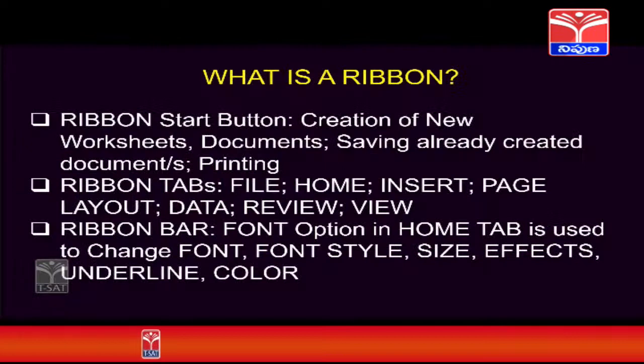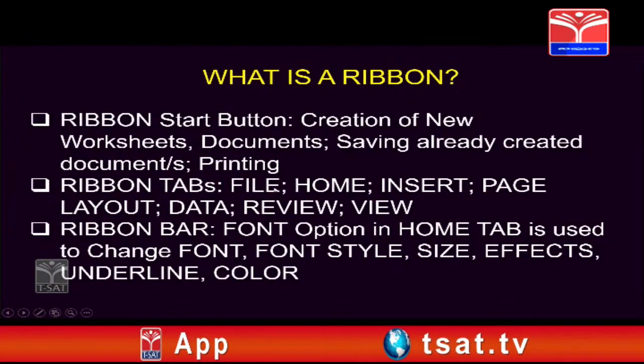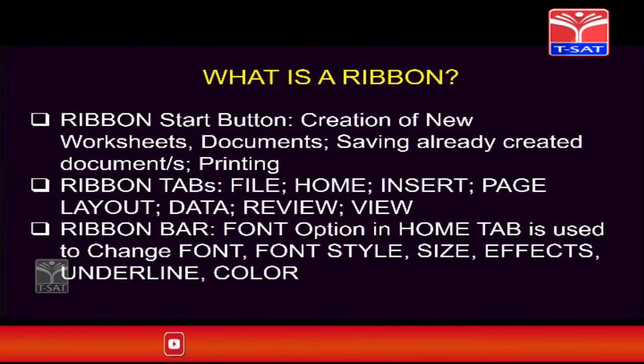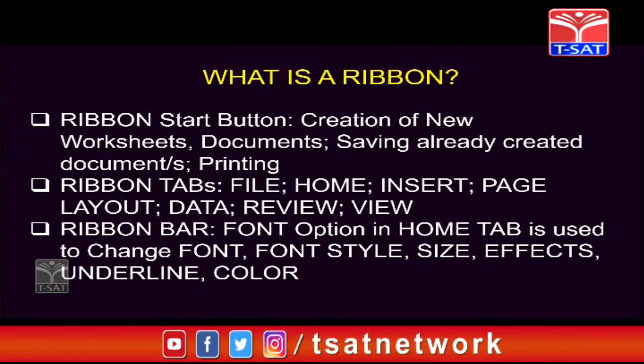The second component of the ribbon is basically ribbon tabs. So, like I said, a ribbon tab comprises different tabs grouped together. So you have the File tab, the Home tab, the Insert tab, the Page Layout tab, and the Data tab available as part of the ribbon tabs.